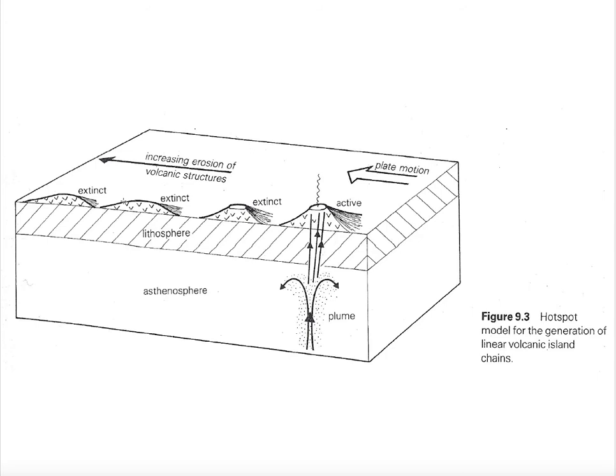That is just a life cycle, from the beginning, from an active volcano. Then this active volcano becomes extinct, then it becomes more and more eroded, and then they are disappearing beneath the surface, yeah?